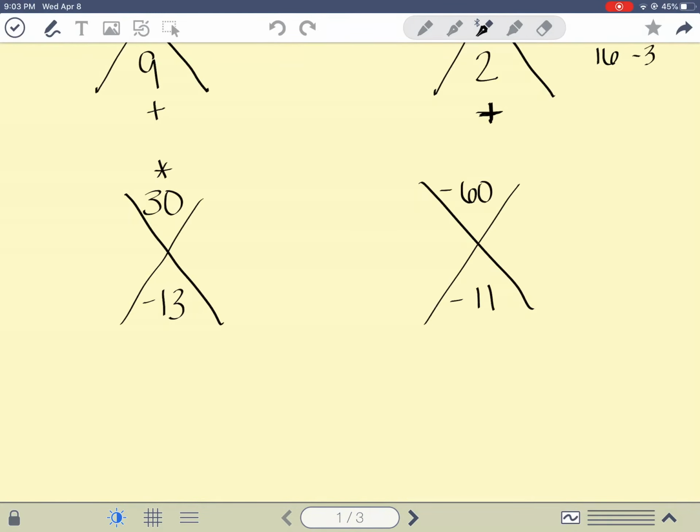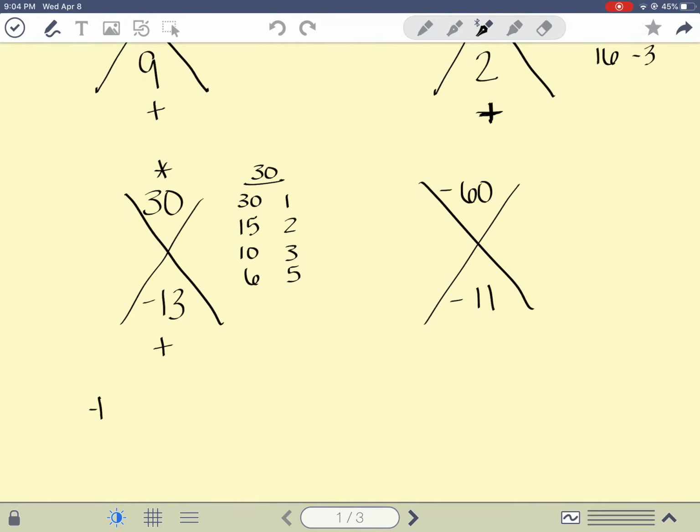All right. Our next one, we are multiplying to 30 and adding to a negative 13. So I'm going to look at my factors of 30. I've got 30 and 1, 15 and 2, 10 and 3, and then 6 and 5. So in this one, I'm multiplying to a positive, but I'm adding to a negative.